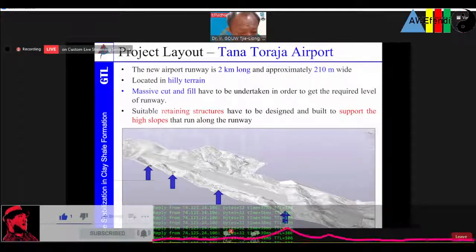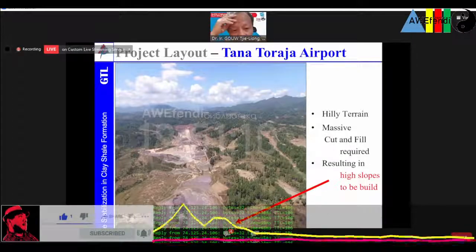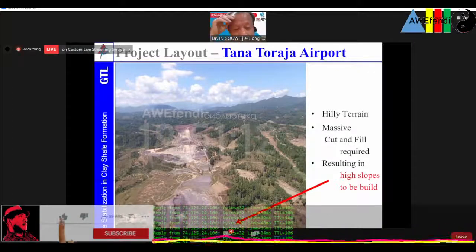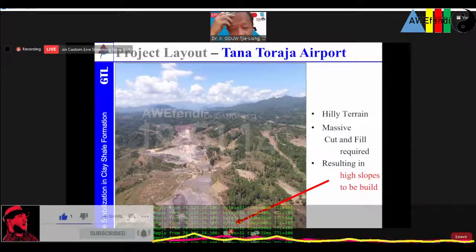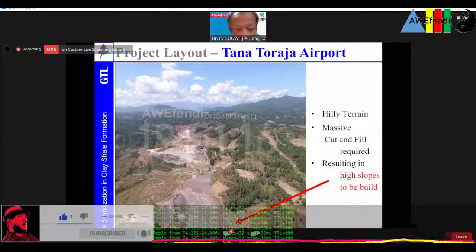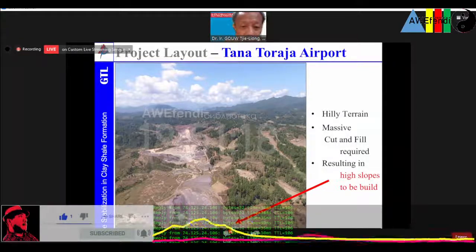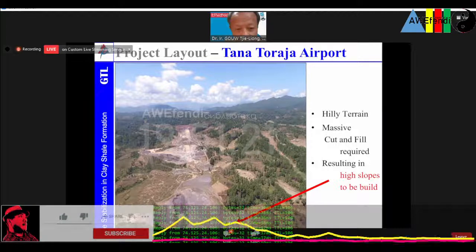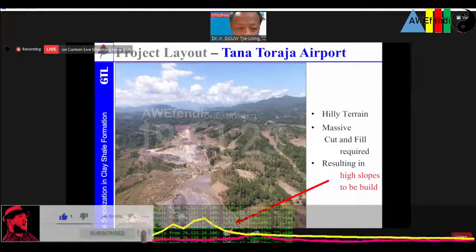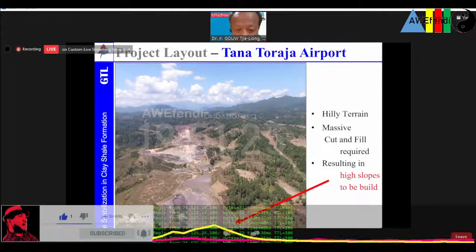Formerly, the consultant and the project had been going on before I was involved. A lot of slope failure has taken place because they don't know about the property of the clay shale material.